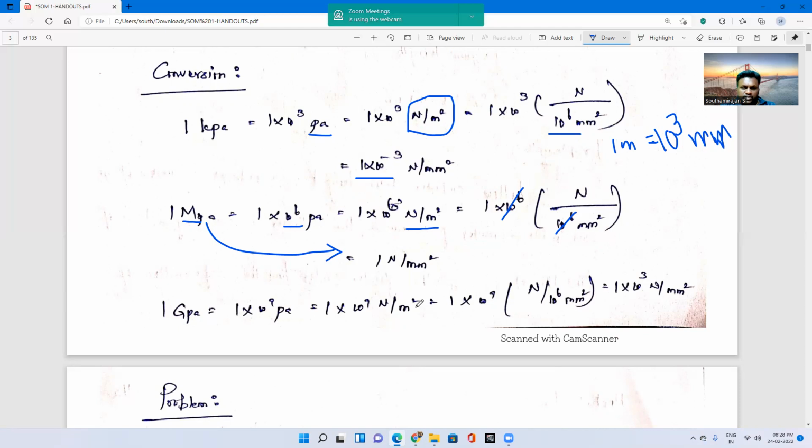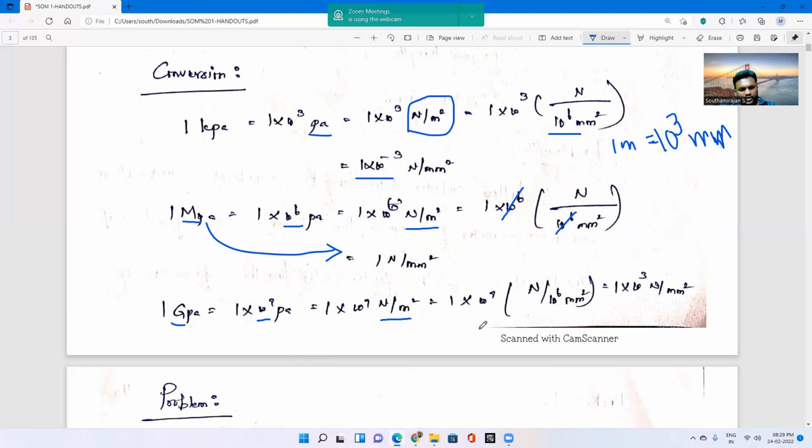So these will be the most important conversions that will be used in any format or nature of sums, in any situation as per the dependency. Next, we will move on to another category, 1 gigapascal. 1 giga is represented as 10 power 9, so 1 into 10 power 9 Pascal, which is converted to Newton per meter square.